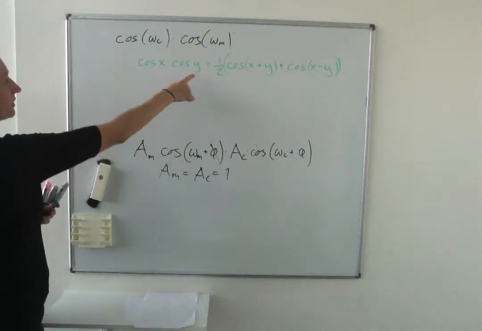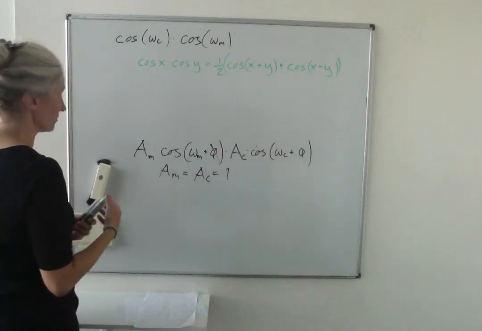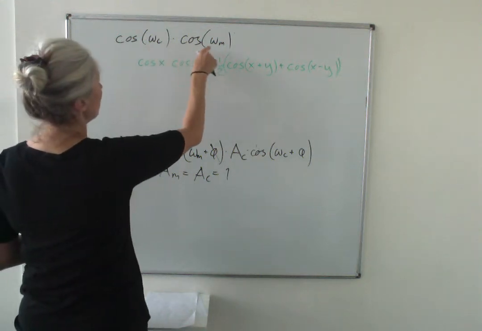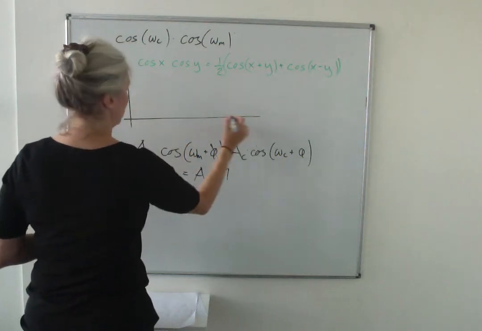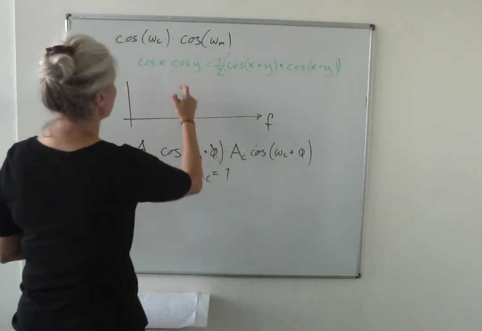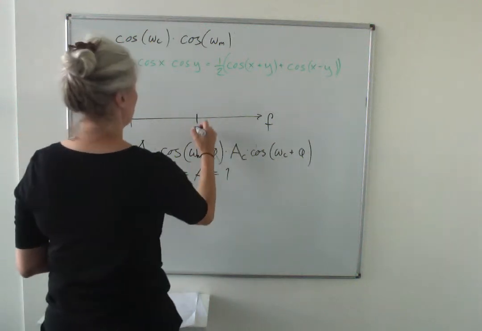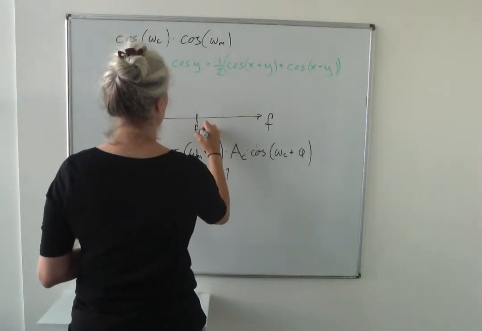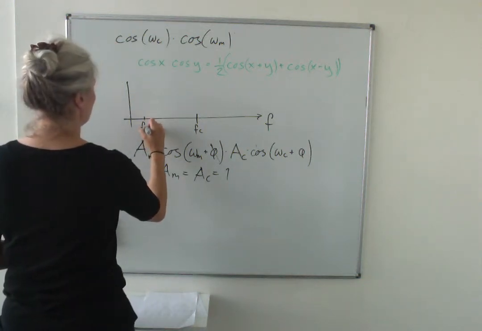So already from there, we know what's going to be in the frequency domain, don't we? We know that of the frequencies we have a carrier frequency which is usually higher than the modulator, which can be down here maybe.